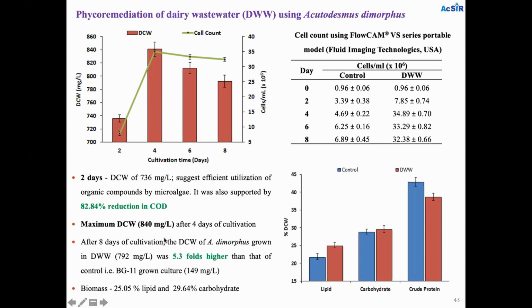And after 8 days of cultivation, the dry cell weight of this dairy wastewater grown biomass was 5 times higher than the normal DG11 culture, which is used as a reference. And this biomass contains around 25% lipid and around 30% carbohydrate.